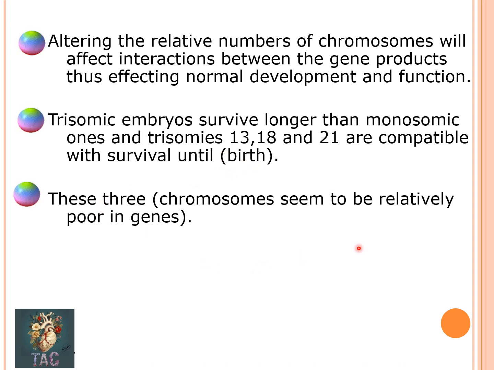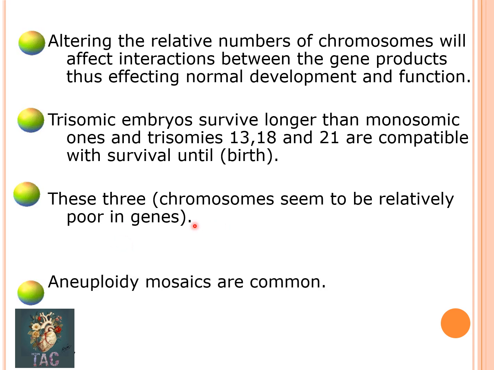These three chromosomes seem to be relatively poor in genes, and aneuploid mosaics are also common. Mosaics have non-disjunction in the earliest stages of mitosis, which leads to a few cell lineages having the normal chromosome number and a few cell lineages being affected.